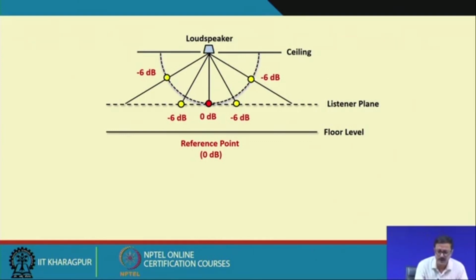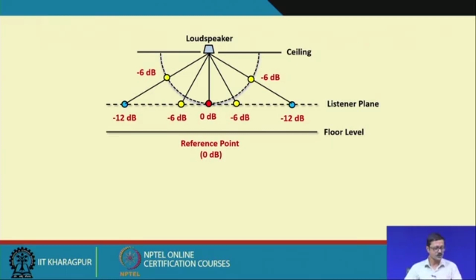But if we extend this point towards the listener's plane, then you can say these two blue dots are also available, which is tentatively minus 12 dB. So, the difference in dB level from here to here is minus 12 dB or so. That can also be taken into account in some overlapping scenarios.